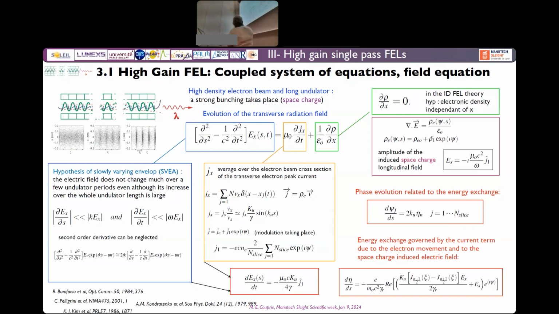So for this term, in the 1D theory, we neglect the dependence of the electronic density on the transverse position, but we have a longitudinal dependence because of the bunching. So we can introduce the space charge field, which is given here using this equation. And then we use the phase evolution that we discussed before and the energy exchange.